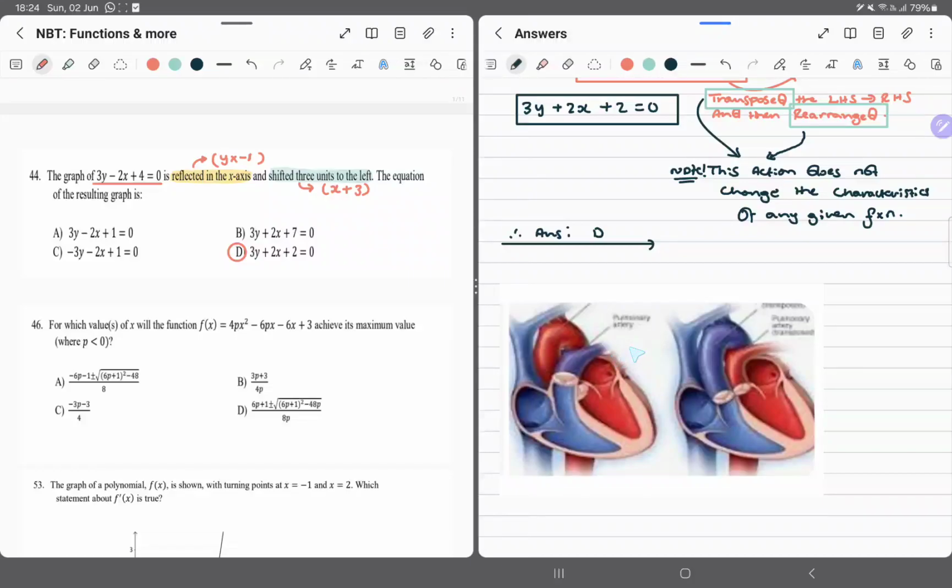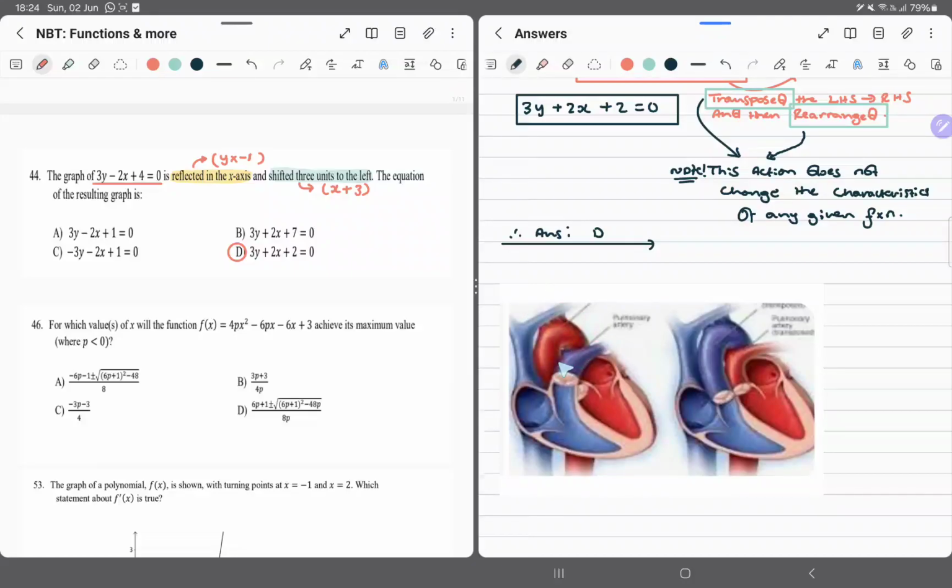Then that blood comes back via the so-called pulmonary veins. Now, this is oxygenated blood from the lung, enters into the left atrium and through the bicuspid valve into the left ventricle. Then blood leaves through the aorta, and the aorta is connected to the rest of the body yet again.